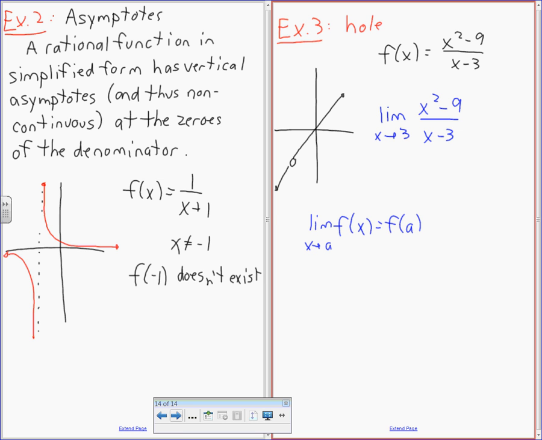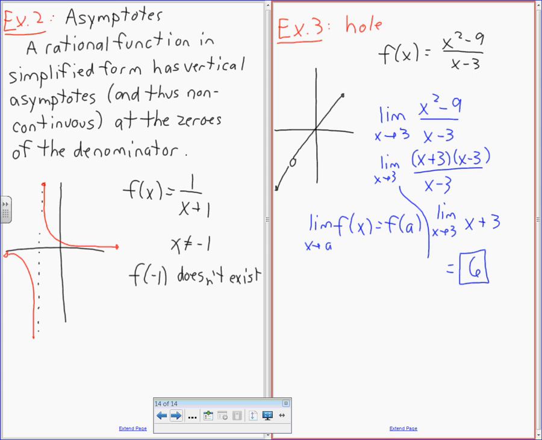The problem with this is, the limit's going to exist, but the point doesn't actually exist. So for the limit, I'm going to factor and call this x plus 3 and x minus 3. That equals 6. What happened there? Did you make a mistake there? So that equals 6.